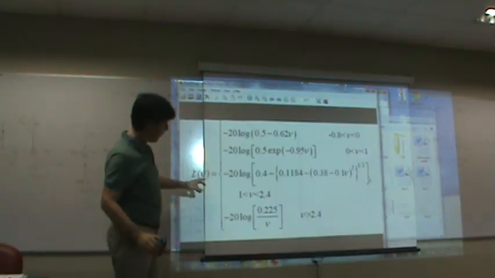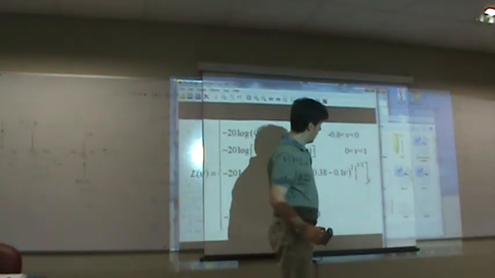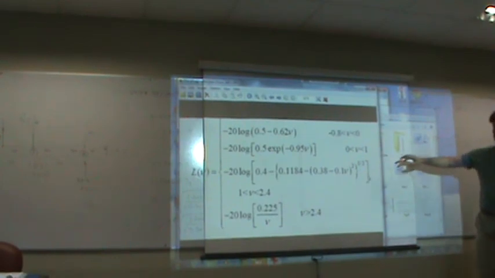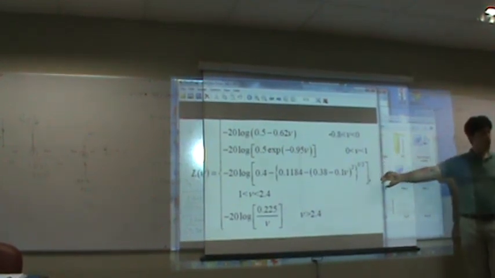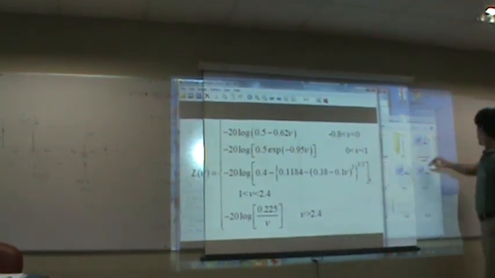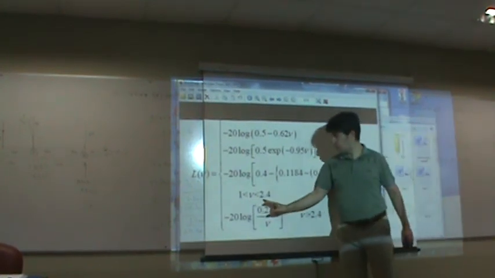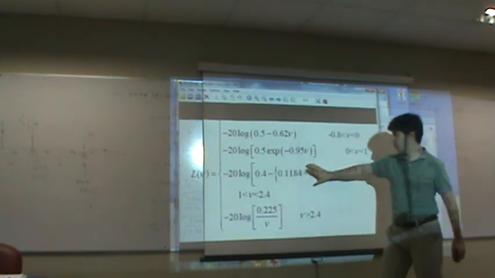Okay, those are the equations. So, you have to identify the one that is relevant. In this case, we have V of 1.12. So, it's between 1 and 3.4. And you have to use this equation.